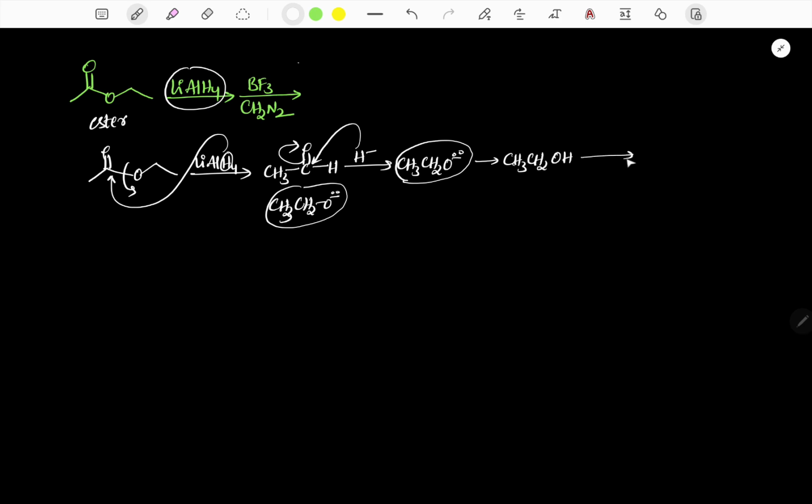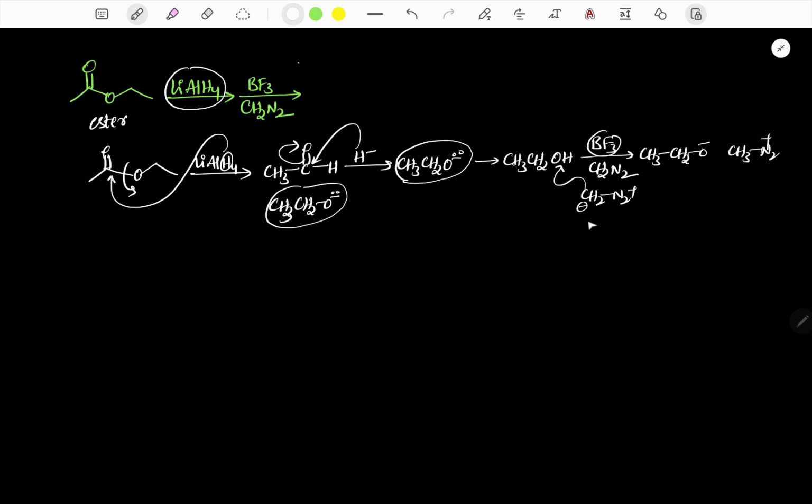Now this alcohol is treated with BF3 and CH2N2. In the presence of BF3, the CH2 minus takes the proton from the alcohol. It finally gives CH3CH2O minus and CH3N2 plus.